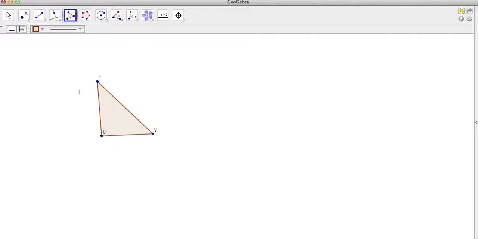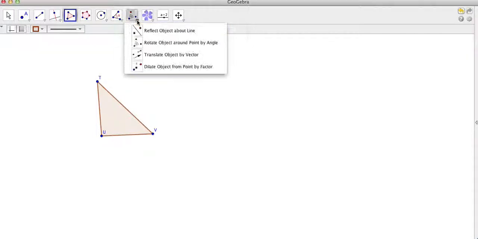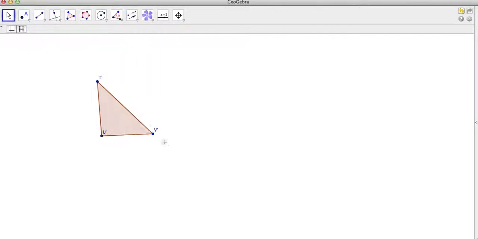Then you would choose a vector. You choose an object, and then you can choose a vector to translate, for example, point V. I would like to translate this to here. And here you have your new object.